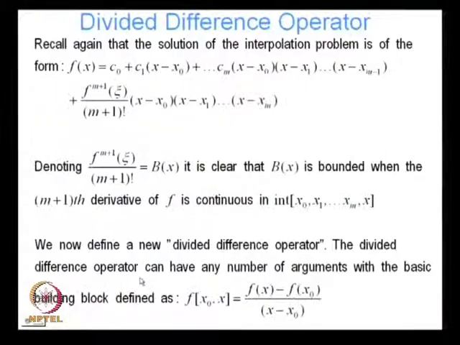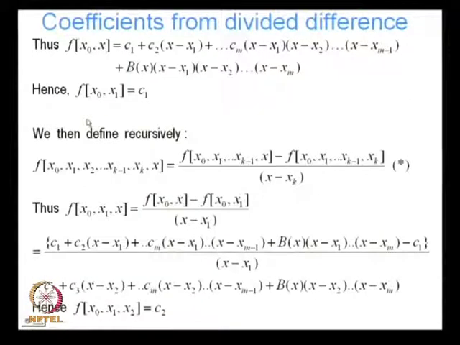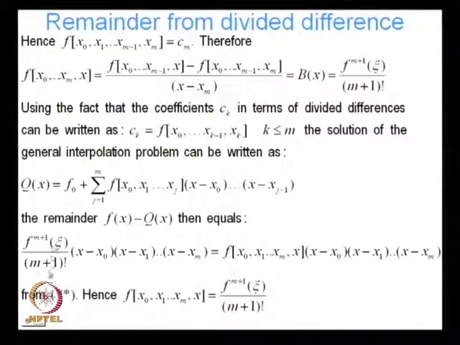This is the remainder, and that is equal to this term, which from here we can write as f of x0, ..., xm, x times (x minus x0)(x minus x1) up to (x minus xm). So, we get this thing is equal to that thing, which we actually already showed. Is that clear?